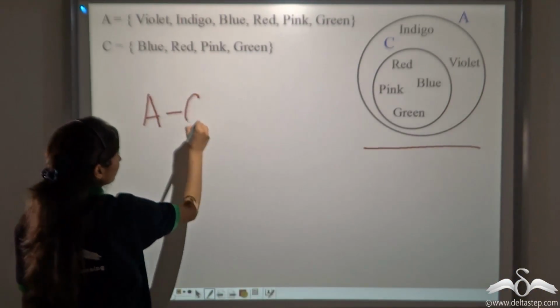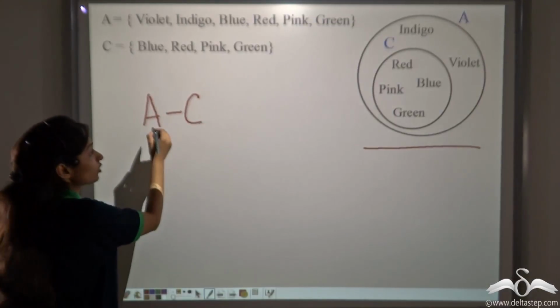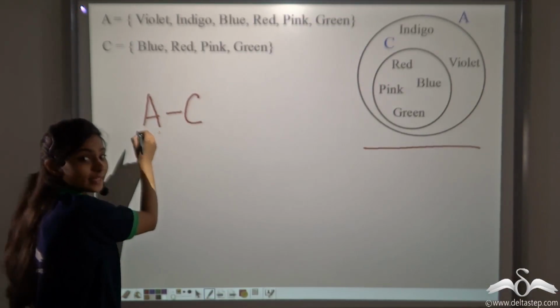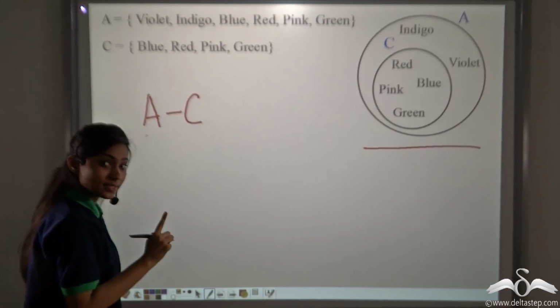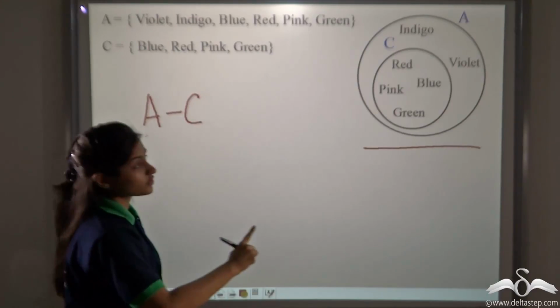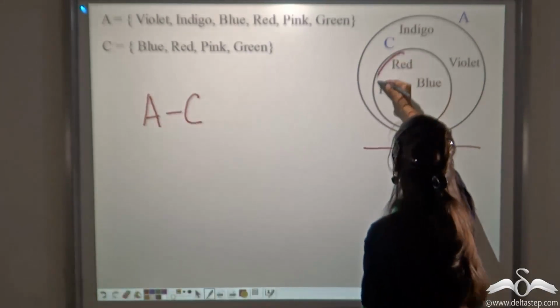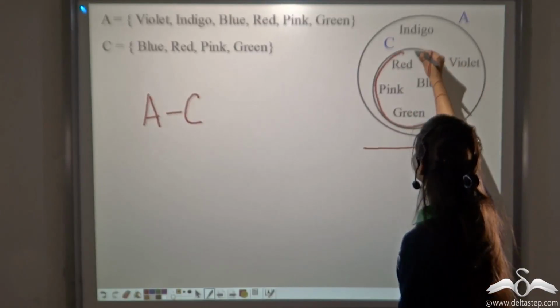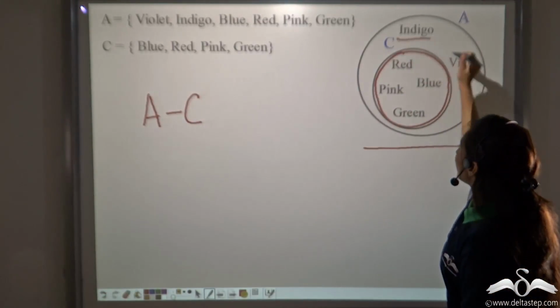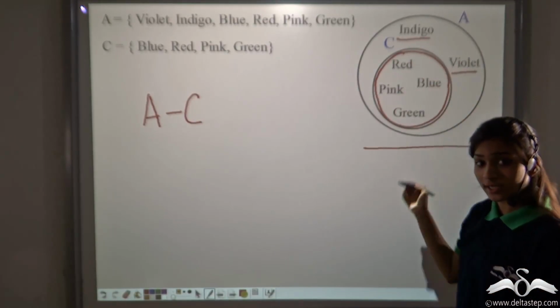A minus C. What does this mean? Set of elements which are present in A but not present in C. What are the elements of C here? Red, pink, blue and green. Well, what about indigo and violet? Do they belong to C?